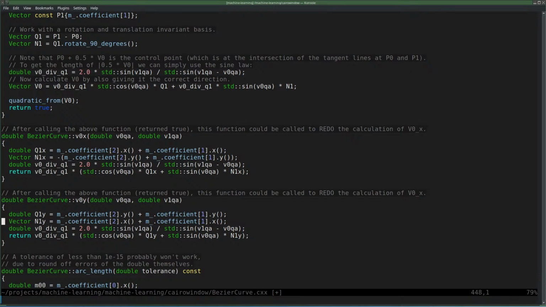Yup. And then I have to calculate, I think, a0 x as well.